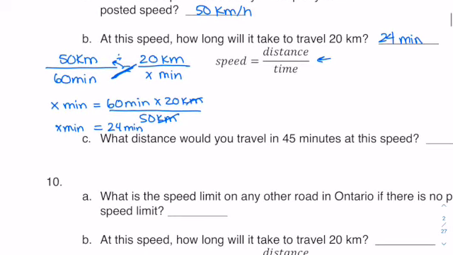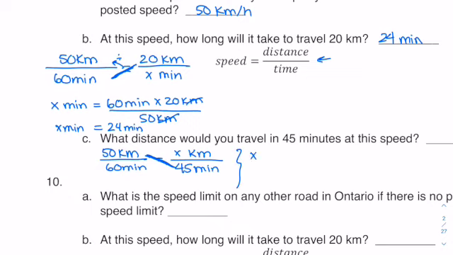The next part, C. What distance would you travel in 45 minutes at this speed? So this is very similar. You have 50 kilometers, 60 minutes. Now we're looking for the kilometers, so I'll put X there. We have 45 minutes, and we are cross multiplying. So whatever is across from each other gets multiplied.